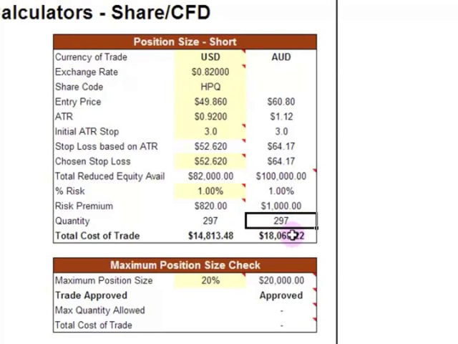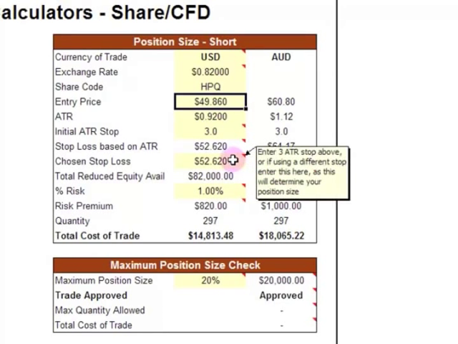So I'd probably round that up to 300. I'll be placing a sell stop in the market at 49.86 for 300, and I would connect an if-done buy stop of 52.62 to it. And then if the share falls through that price level, I'll be entered into the trade with my stop loss becoming active at that stage.